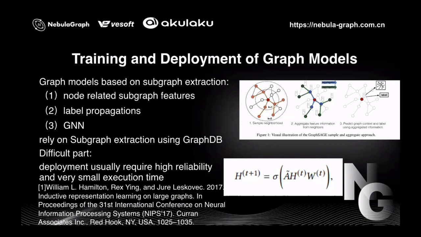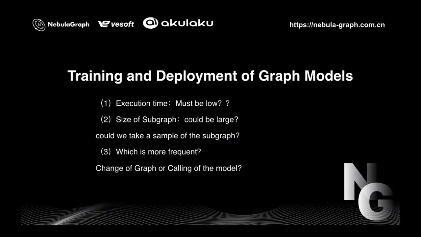So in general, there are three considerations we have to pay attention to when we are training and deploying the models in production. First is the execution time requirement of the concrete scenario. Is the requirement strict or not so strict? Second is the size of the subgraph we extract.